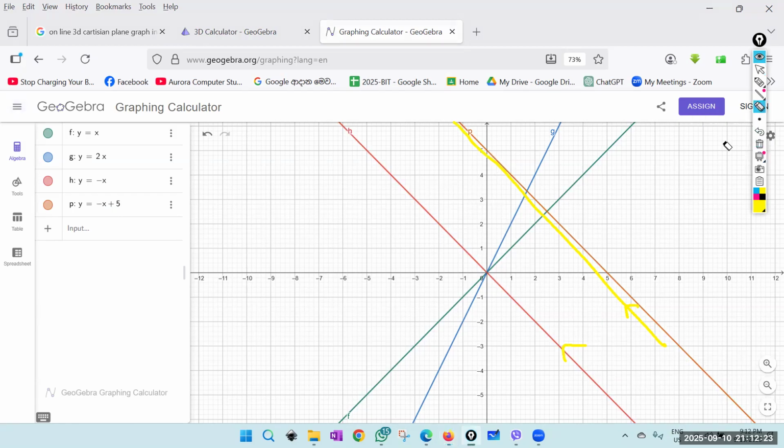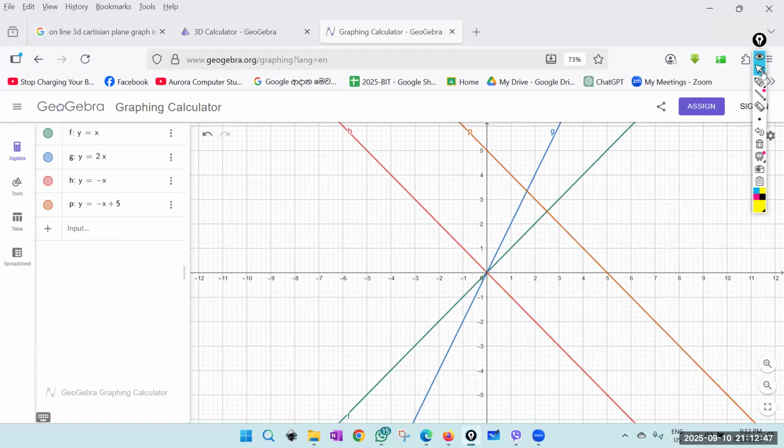Okay. So likewise, you should have an idea about these things. What is meant by parallel? What is meant by perpendicular? What is meant by same intercept? What is meant by same gradient? Same gradient means parallel. Same intercept means crossing the y-axis at the same point. What is meant by negative gradient?